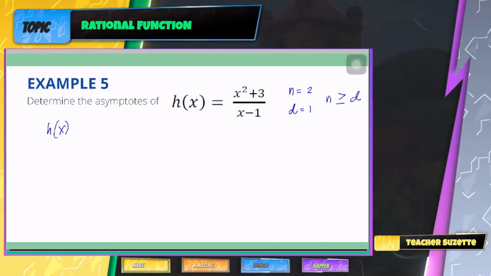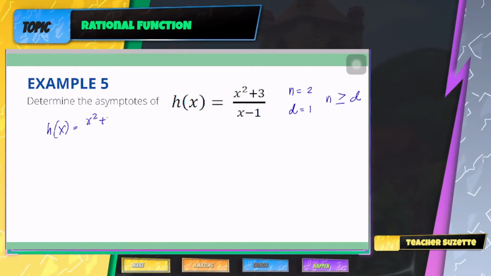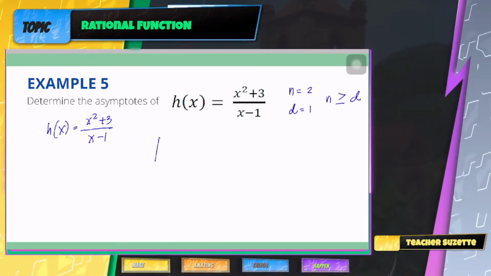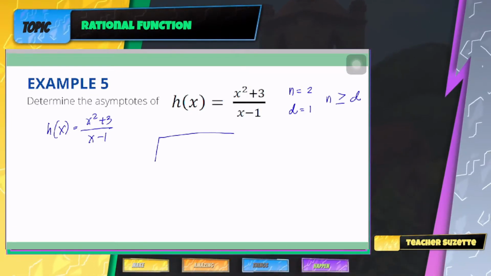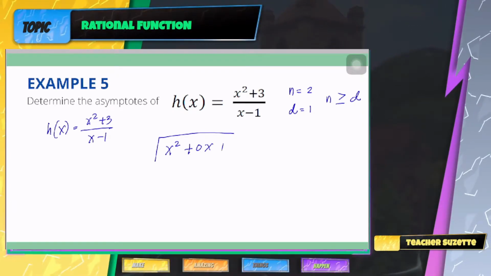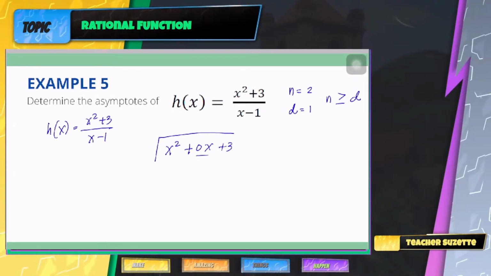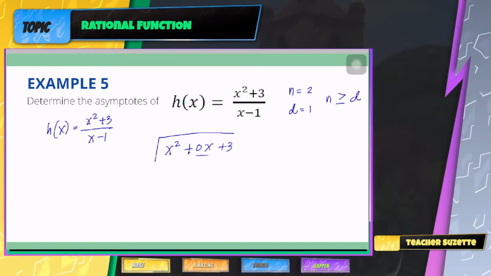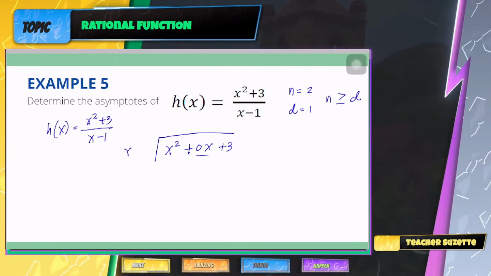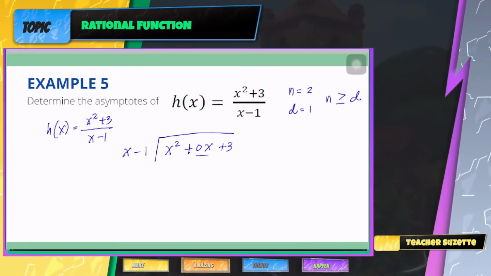h of x is equal to x squared plus 3 all over x minus 1. So, in the division, inside goes our x squared plus 0x plus 3. We need to fill out our missing term, which is 0x. Then, our denominator will be outside.